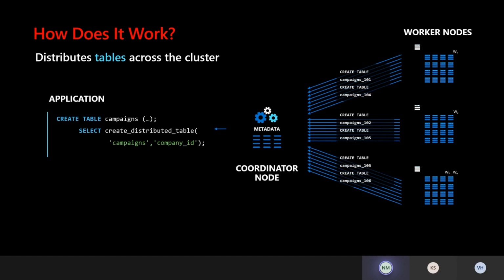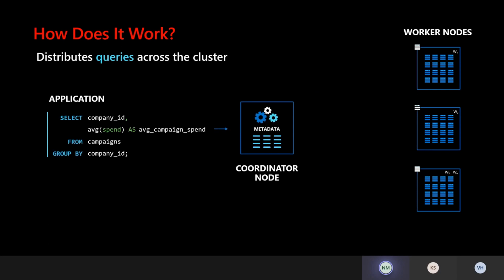Then depending on how many worker nodes you have created, it would, of course, generate hash values for all the column values inside company ID, for example, in this case. And depending on how many worker nodes you have, the data will be distributed among those worker nodes, right? This happens automatically. All you have to do is create the table and make sure you say that you want this table to be distributed using this particular stored procedure.